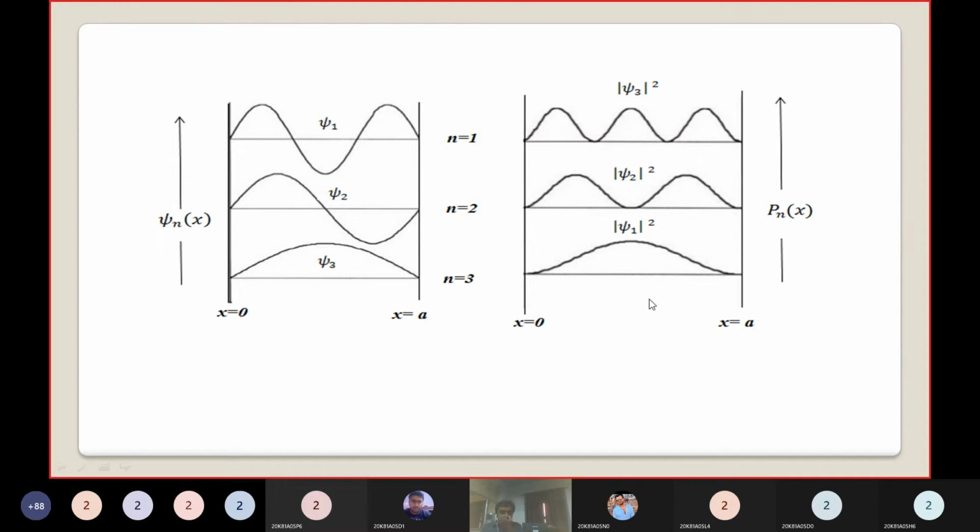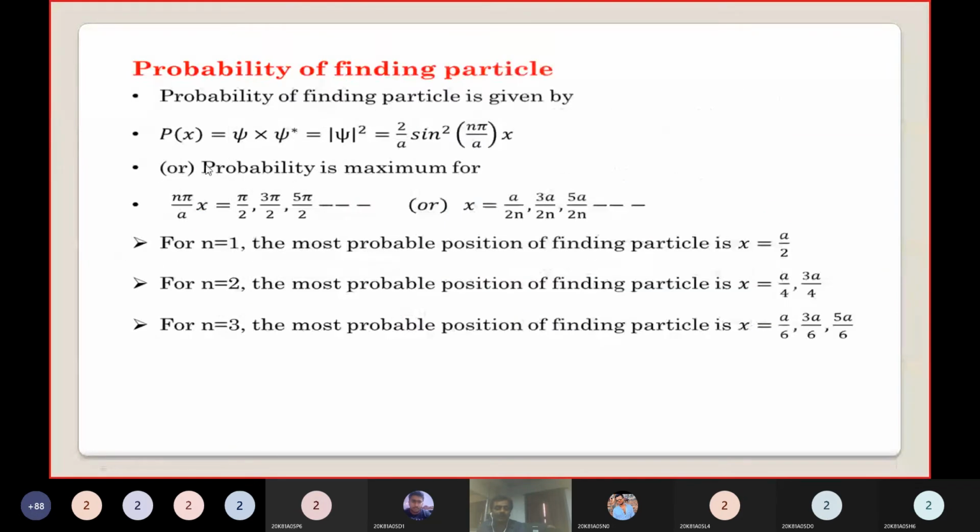Now the probability of finding the particle. What is the formula? P is equal to psi square dx. Probability of finding the particle equals psi star psi, that means psi square.